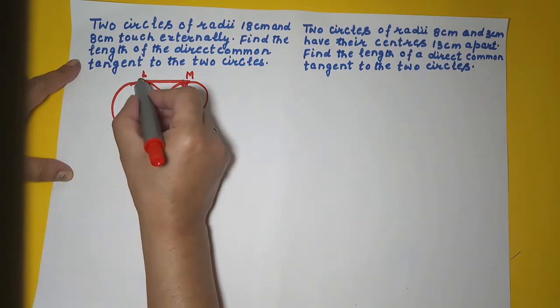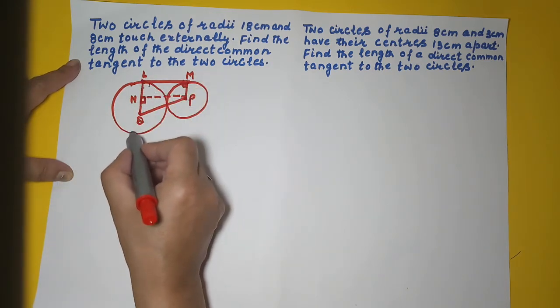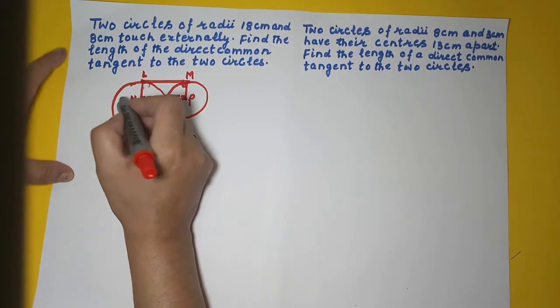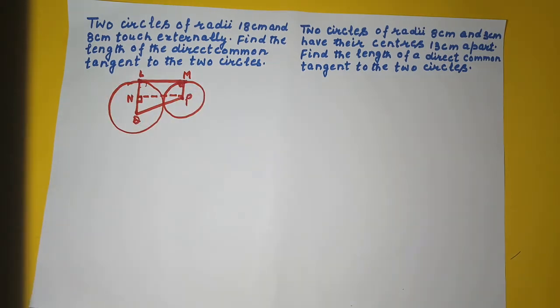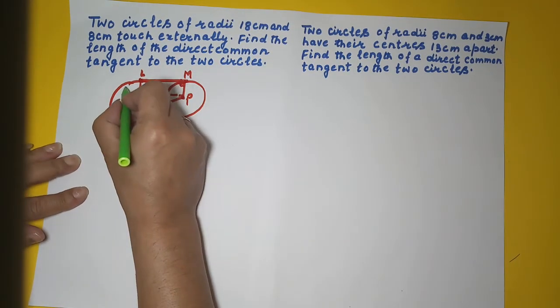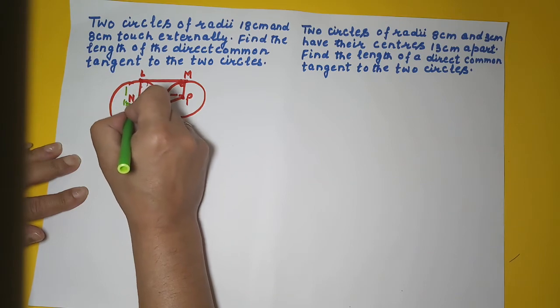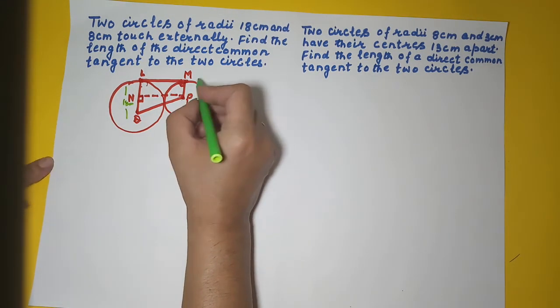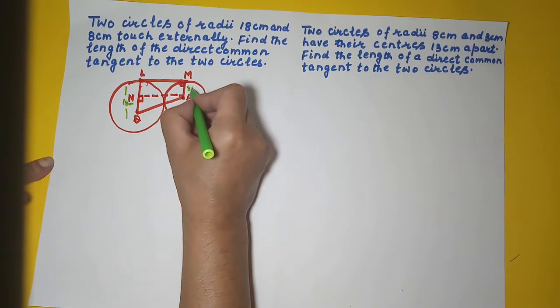Now I know that this entire LQ is the radius of the bigger circle. It is 18 centimeter. So entire LQ is 18 centimeter. So I will get this is 18. But this radius of the smaller circle is only 8 centimeters.